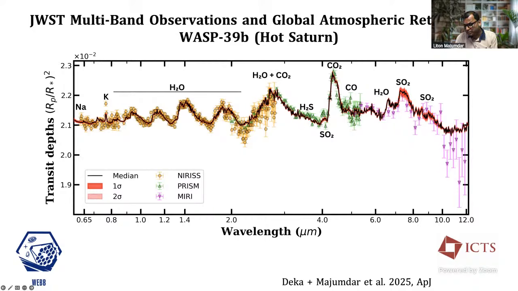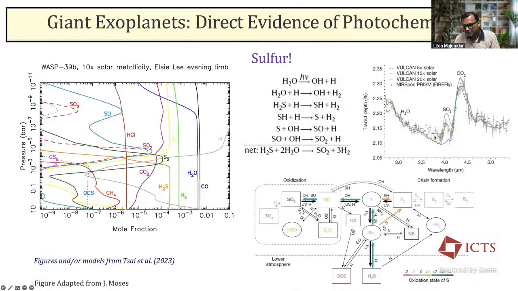So in the retrieval, you see all these features, primarily your water, CO2, SO2, and probably some fraction of H2S. But if you go to the forward model here, they are really not trying to fit this bump, because they are more interested in considering the CO2 together with SO2 and some combination of H2O, but not trying to individually fit each of these minor bumps that you see here.